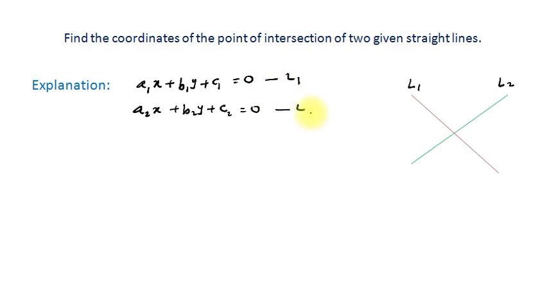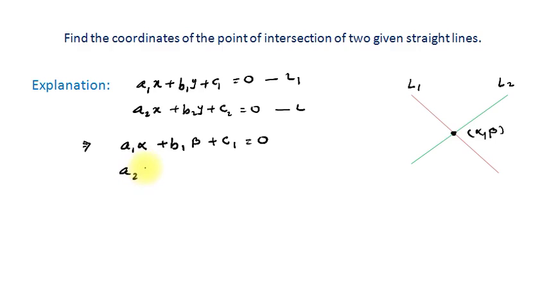It means that if this point alpha beta is the point of intersection of line L1 and line L2, here we can write a1 alpha plus b1 beta plus c1 is equal to 0, because alpha beta lies on line 1, and as well this point alpha beta also lies on line L2.